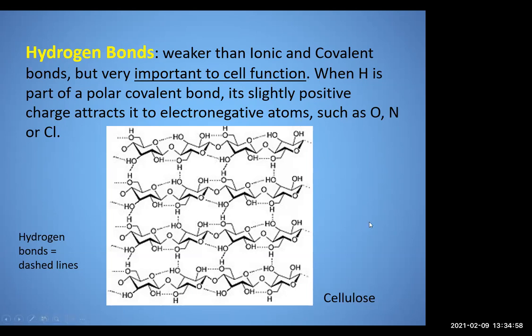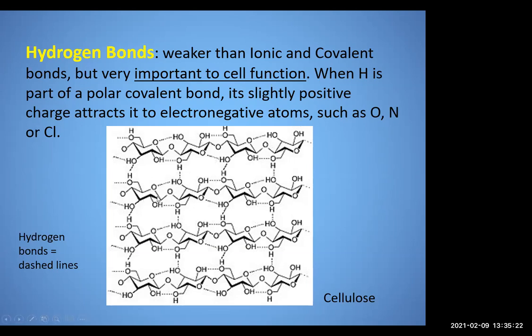These are weak bonds. It's kind of a polar attraction, but they can be broken apart fairly easily. This happens to be a diagram of cellulose here. Cellulose is actually one of the strongest organic substances on the planet. Of course, it makes up trees and things like that.